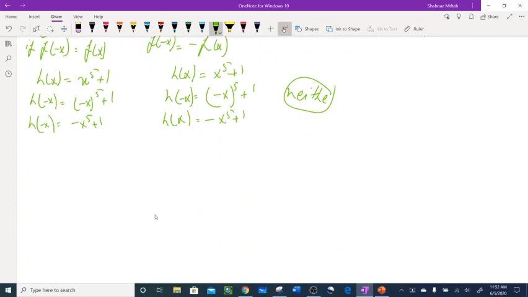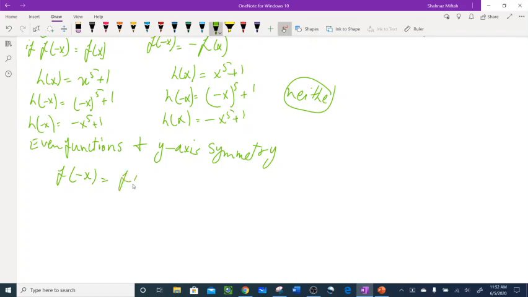Even function, y-axis symmetry. Okay, the graph of an even function, in which f(-x) is equal to f(x), is symmetric with respect to the y-axis.